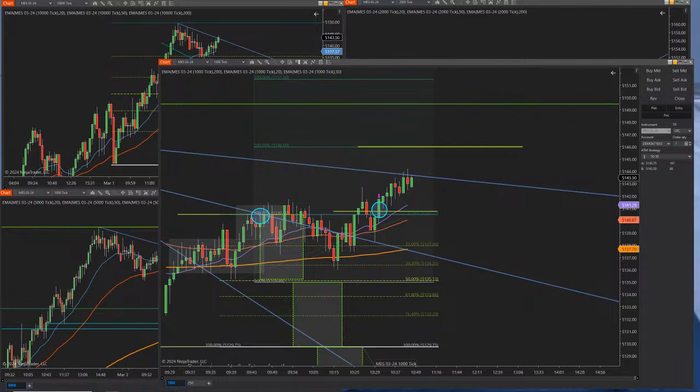I did enter the trade high at the trend line. And I should have let price pull back, because I would have been in the green most of the time instead of being in the red most of the time.